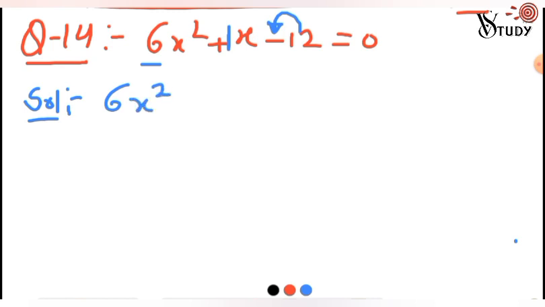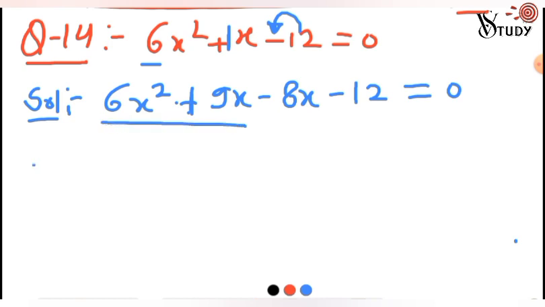6x square plus 9x minus 8x minus 12 will equal to 0. From the first two terms, the common multiple is 3x. After dividing, we have 2x plus 3.